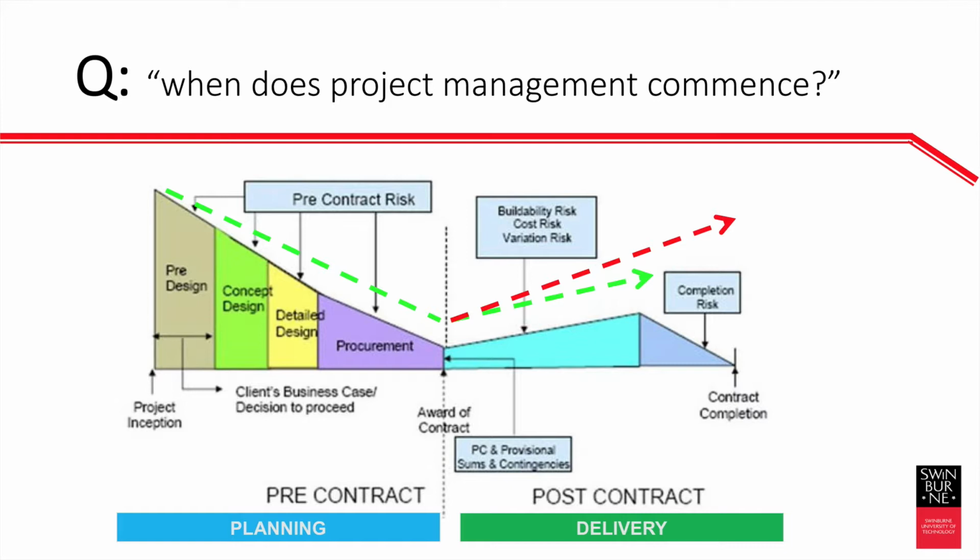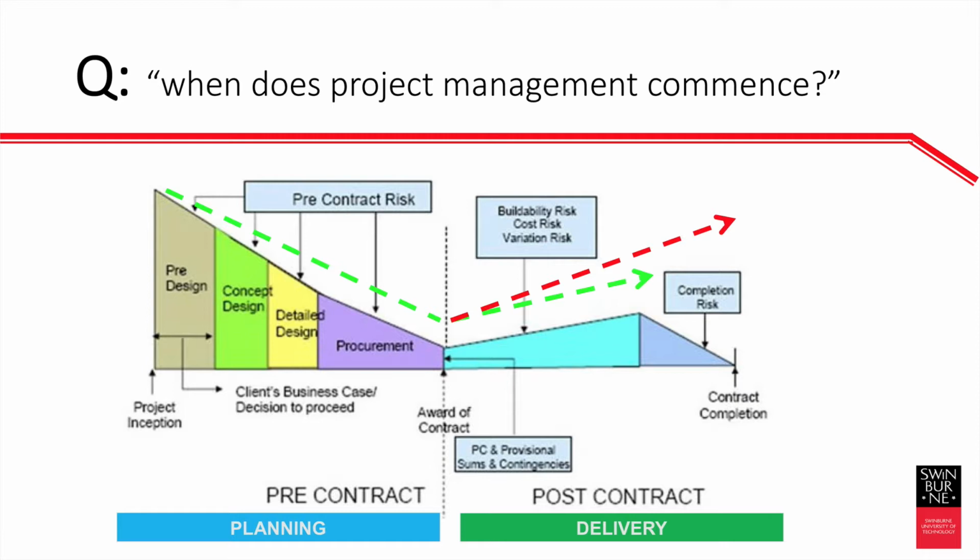When does project management commence? This is very interesting. Most project management would commence after the award of the contract. It's about execution. What we know now is that the pre-contract phases, the procurement phases, are the times when the biggest scaled errors can be built in to the execution.